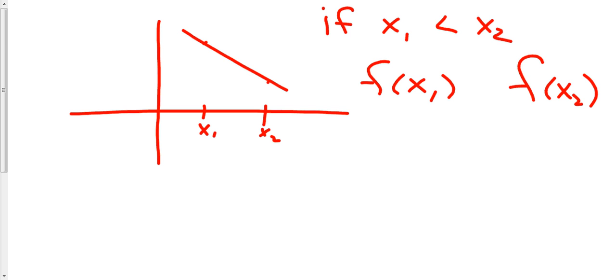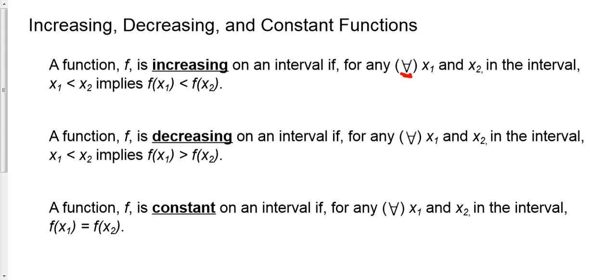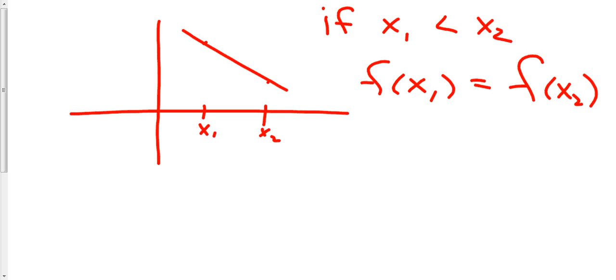If it's constant. Equals. Thank you. And actually, I don't even care about whether or not x1 is less than x2. I don't care if it's greater than. It's for any x1 and x2 in the interval, that's true. And that is our condition. So a function is constant on an interval if for any x1 and x2 in the interval, f of x1 equals f of x2. Excellent.